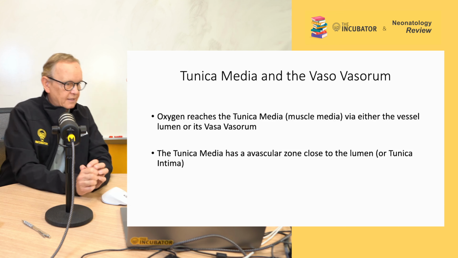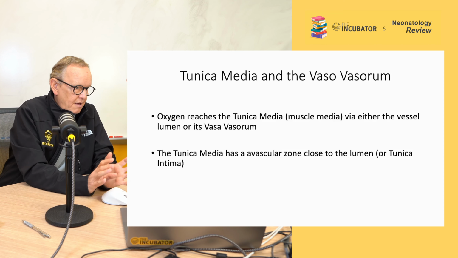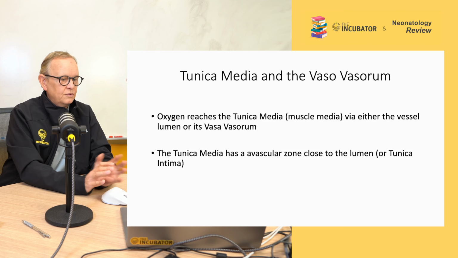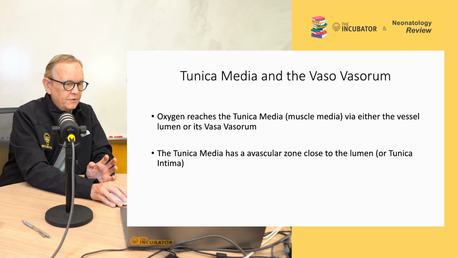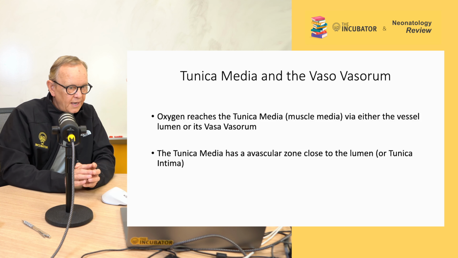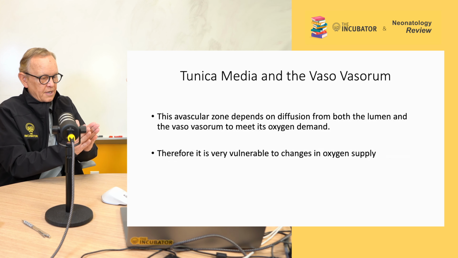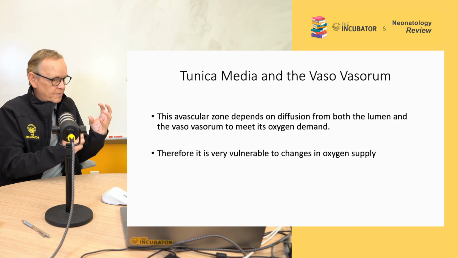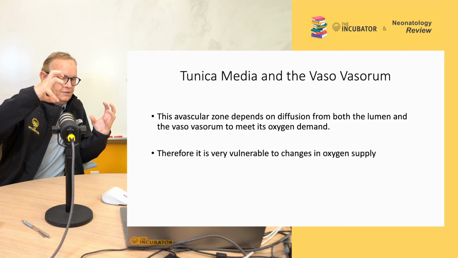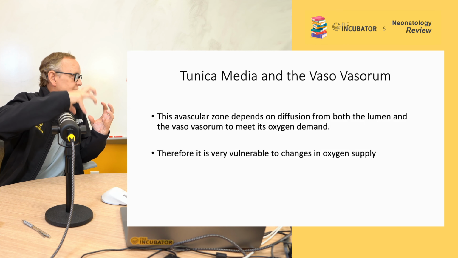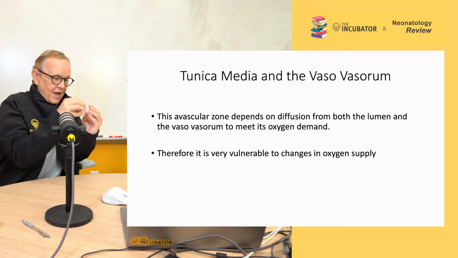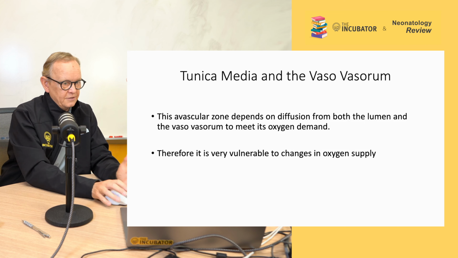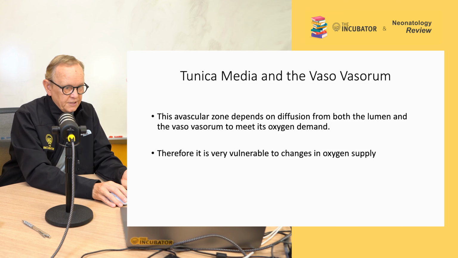Yeah, exactly. So the tunica media frequently has this avascular zone as part of the wall. This avascular zone depends on diffusion from inside the lumen and from the vasa vasorum that comes in from the outside. Then you have this one watershed area that is vulnerable in terms of oxygen supply.